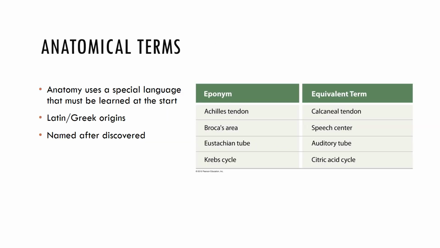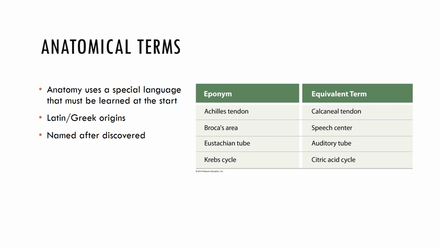Now, anatomical terms. There are some anatomical terms that you must be familiar with, and there is a series of tables presented here which will demonstrate various anatomical terminology. So we have to know these anatomical terms, roots, prefixes, suffixes.